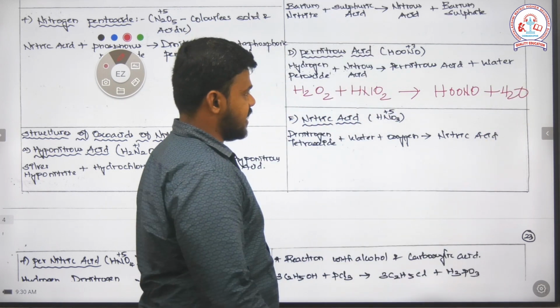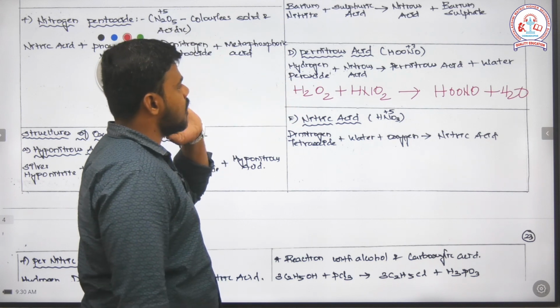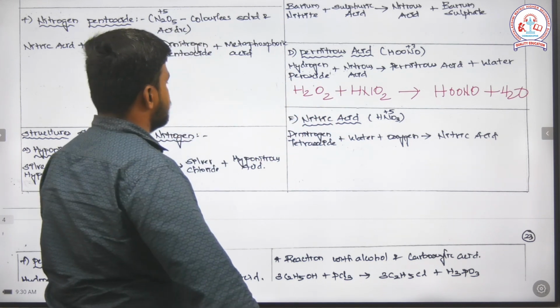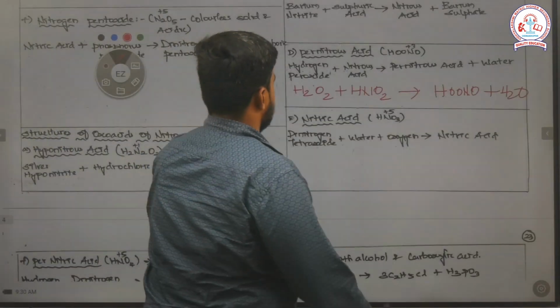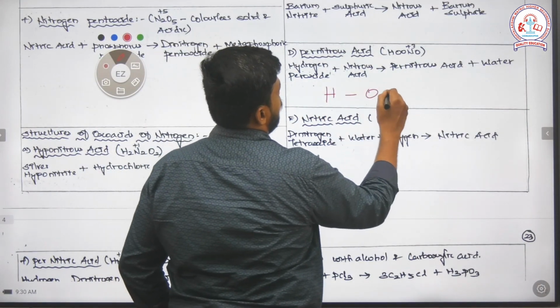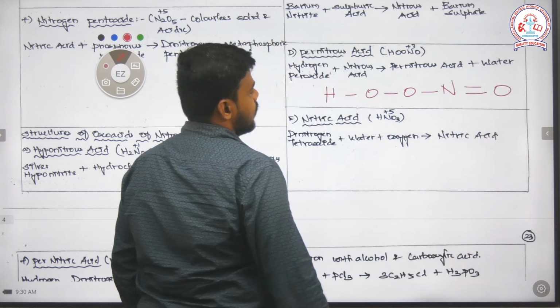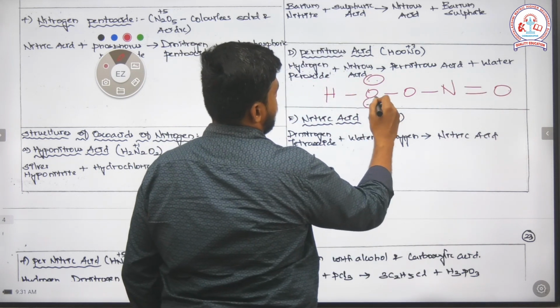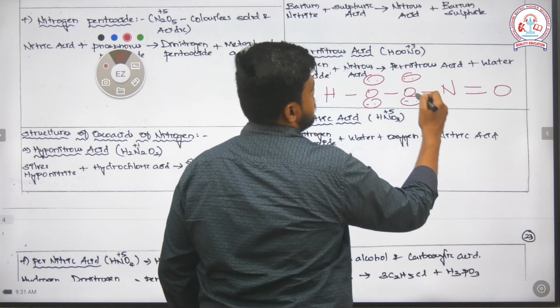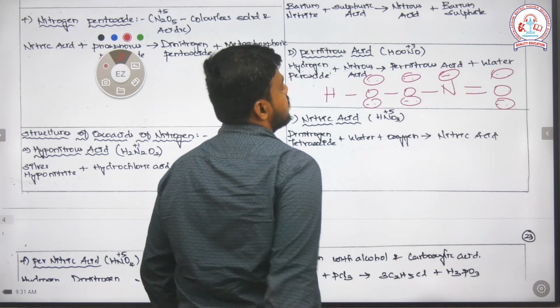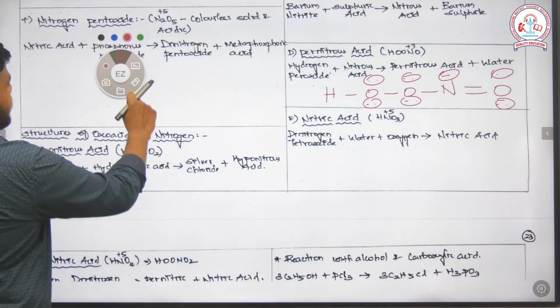Balancing: hydrogen 3, here it is 3, oxygen 4, 4, nitrogen 1. The equation is balanced. The structure is HOON double bond O with lone pairs. So this is the structure of pernitrous acid.